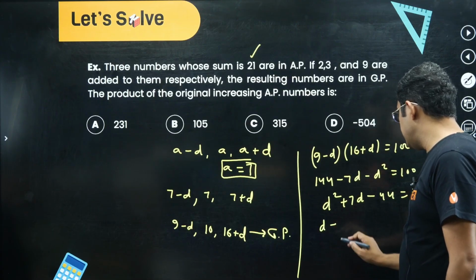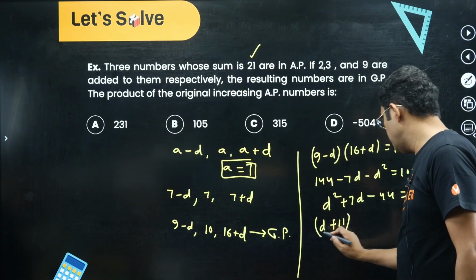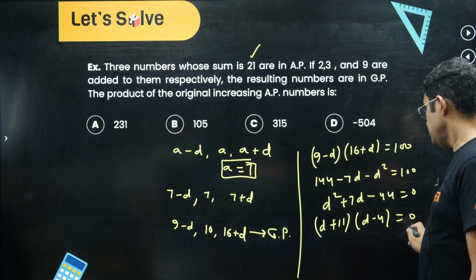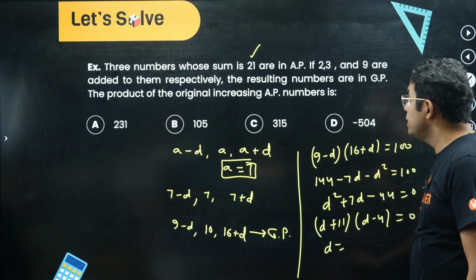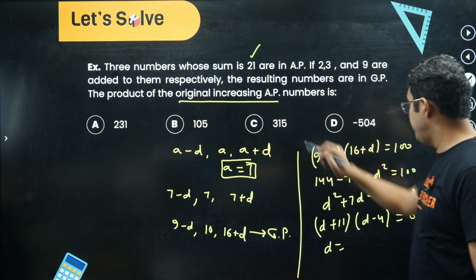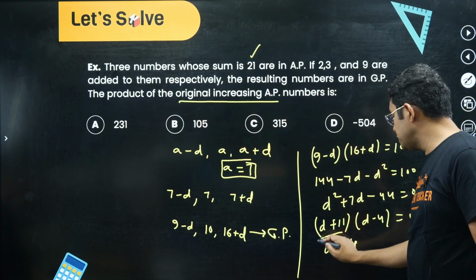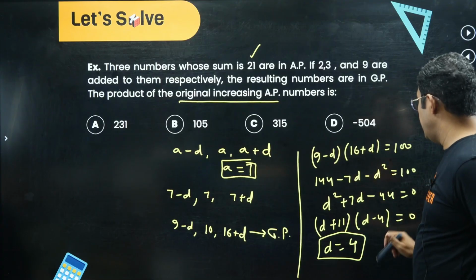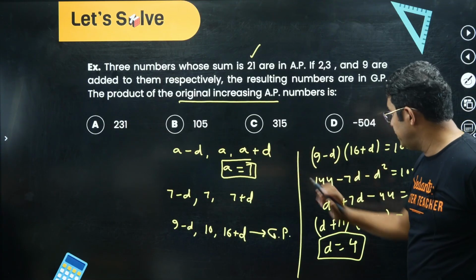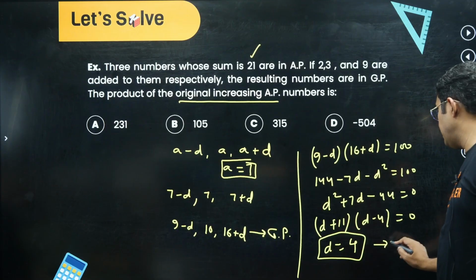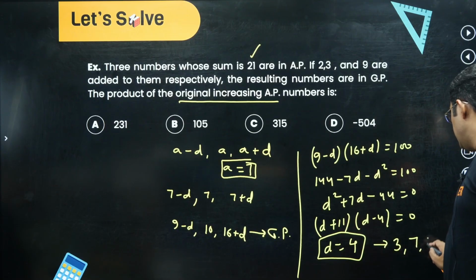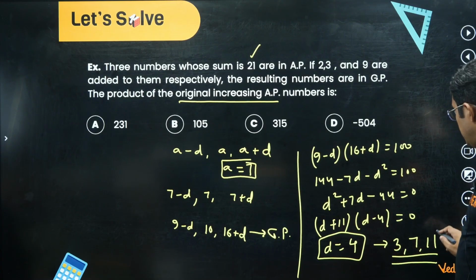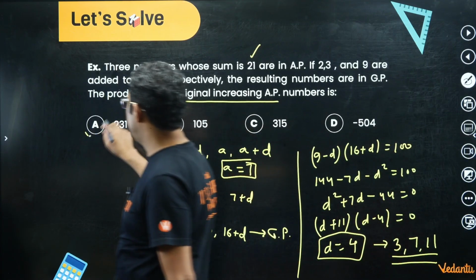So if you factorize it, I think this is (d plus 11) and (d minus 4). Check. Yeah, correct. So they have said original increasing AP, so I will only consider the positive value. So d is equal to 4. They are asking the product of the original increasing AP. So if d is 4, a is 7. So your AP is actually 7 minus 4, 3, then 7, then 7 plus 4, 11. So 3 into 7 into 11. So I think it is option A, 231.